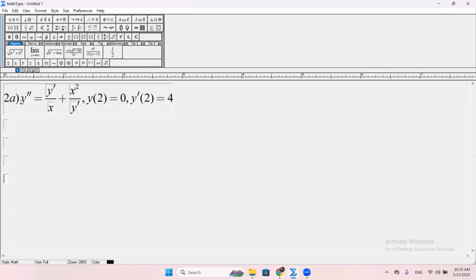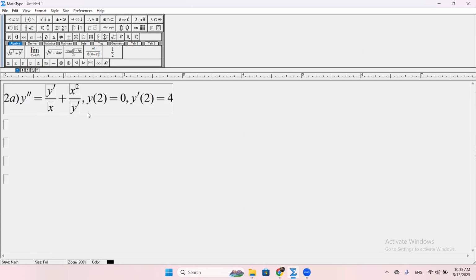So the number of initial conditions always equals the order of the differential equation. And now let's first of all solve the differential equation.